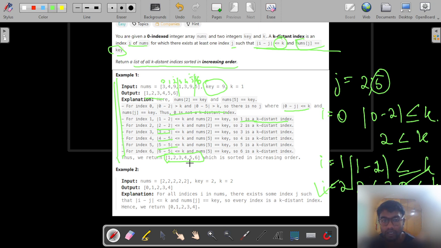So let us quickly solve this problem. We just need to add certain if checks to solve this problem. Apart from that, this doesn't have much to worry about, right?